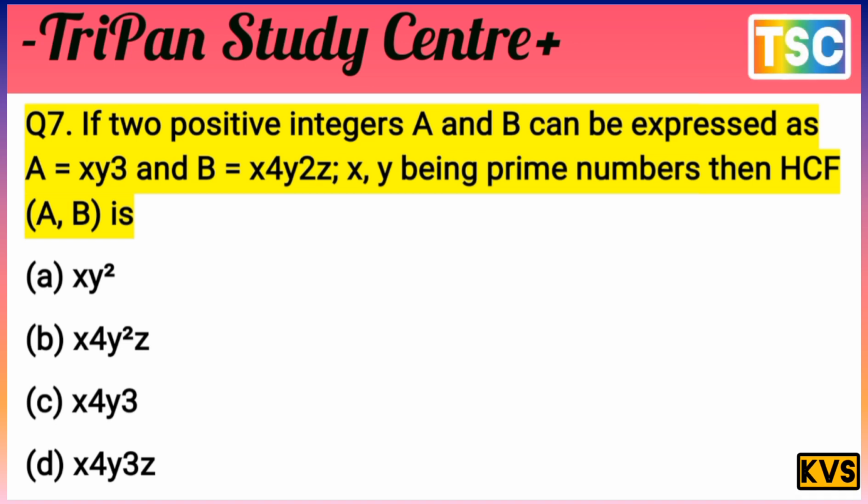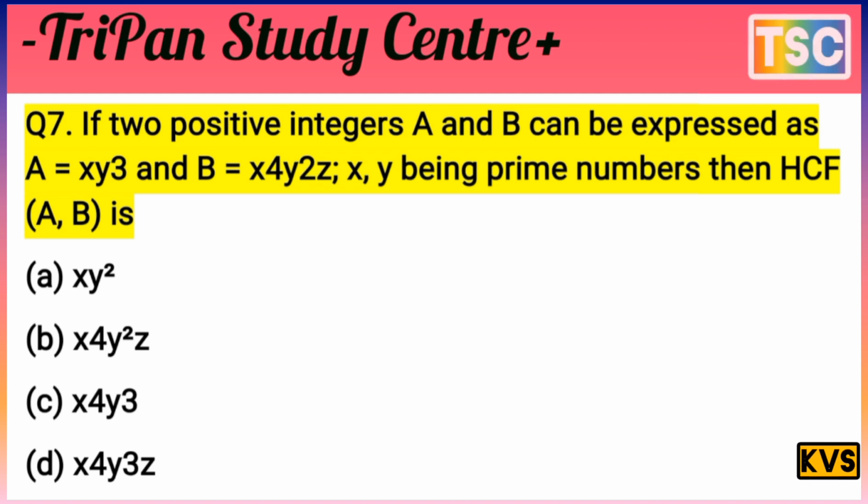Then for y, in a it is 3 and in b it is 2. It means the highest common factor takes y^2.